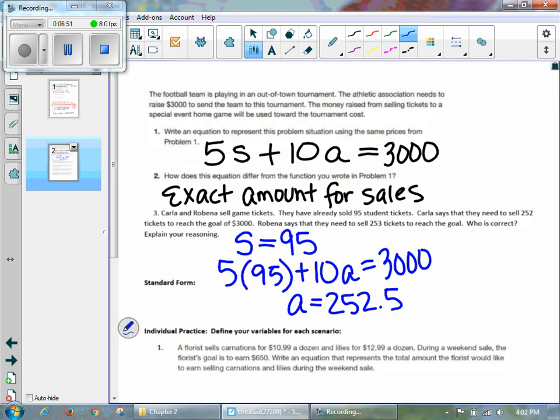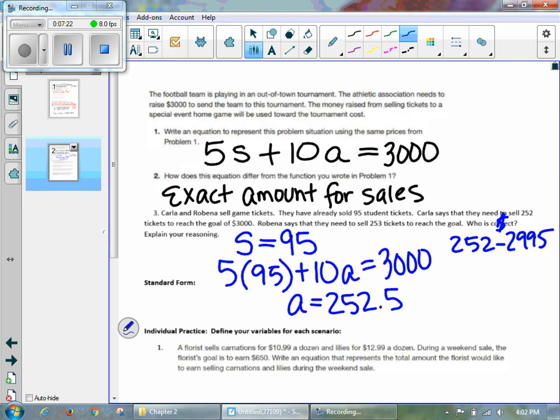Now we decide who is correct. Well, I substituted 252 tickets back into my expression to see how much money I would make. When I used 252 adult tickets, I only made a profit of $2,995. Well, that doesn't meet the goal.